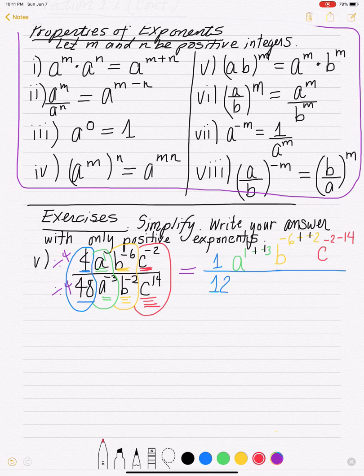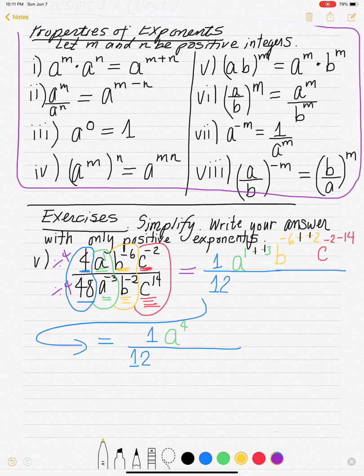All right. We want to clean this up. So I'm going to go over here to the side. So I'm going to have my fraction bar. I'm going to write 1 on top, 12 on bottom. On top, I'm going to do the a exponents. So I'm going to take a. What's 1 plus 3? 1 plus 3 is 4. So I'm going to have a to the 4th power.